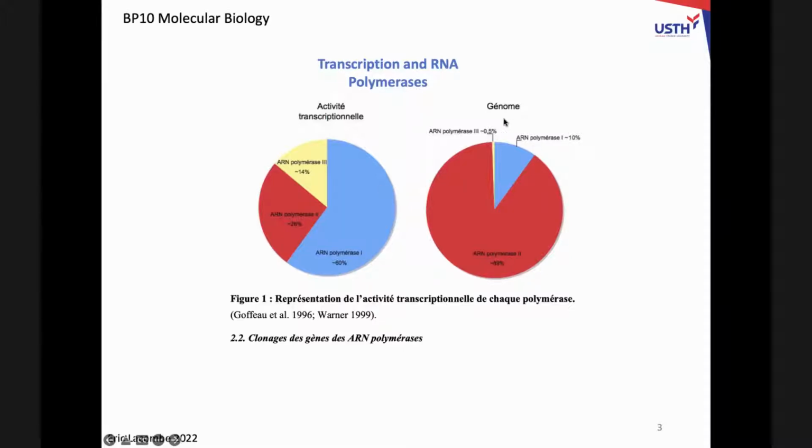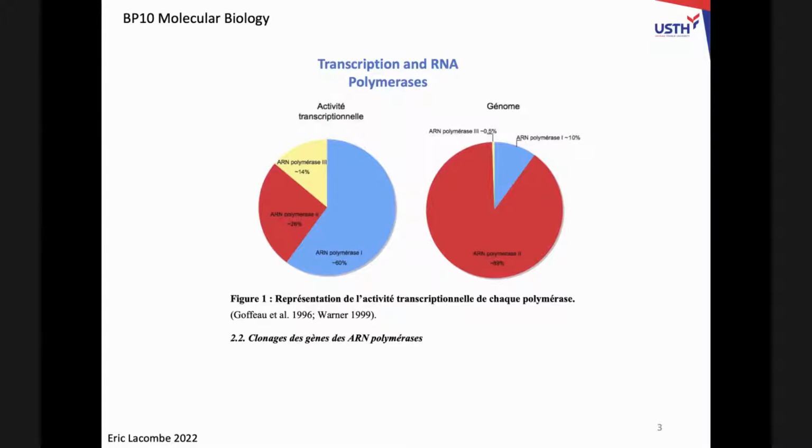And then if you look in the genome, okay, so on the right, the chart on the right, it's a little bit tricky to understand. So what they did, they took the genomic sequences and they tried to sort, inside these genomic sequences, what is among all the part of the genome that is transcribed.